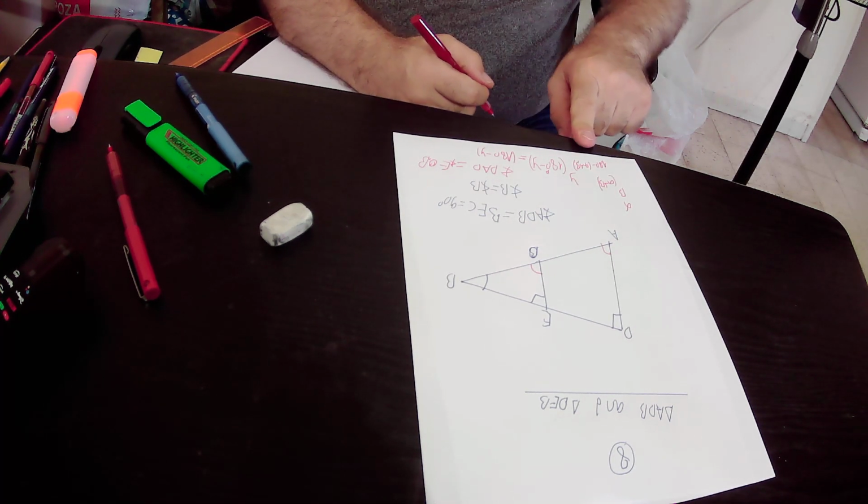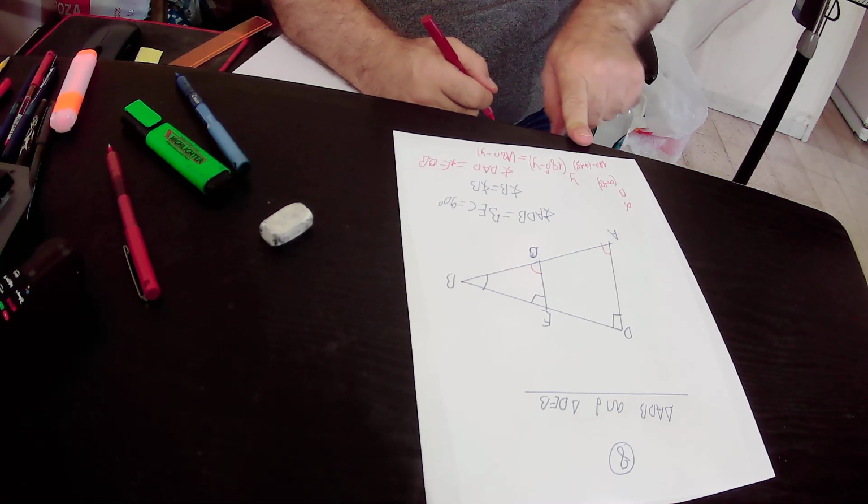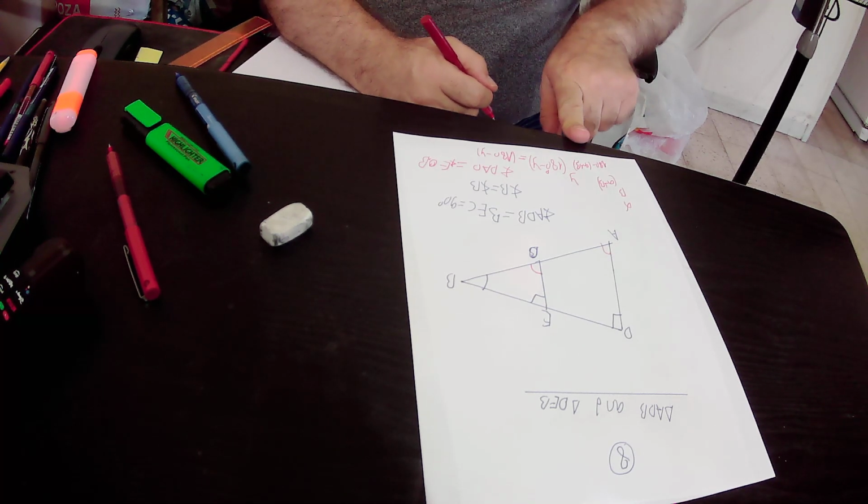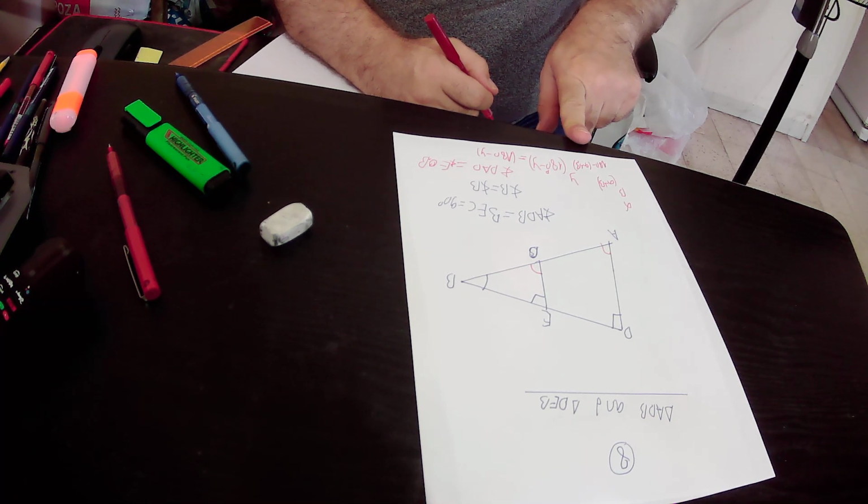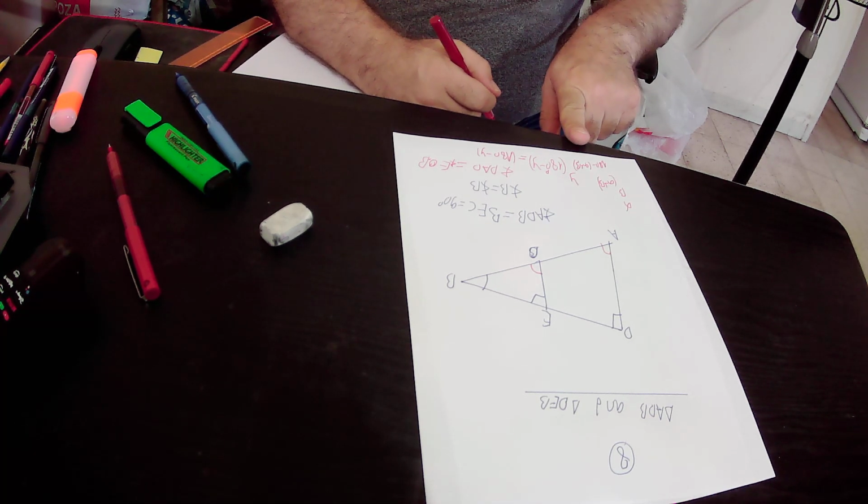So 180 degrees minus alpha plus beta will be the size of the angle in the first triangle, and it will also be the size of the angle in the second triangle.